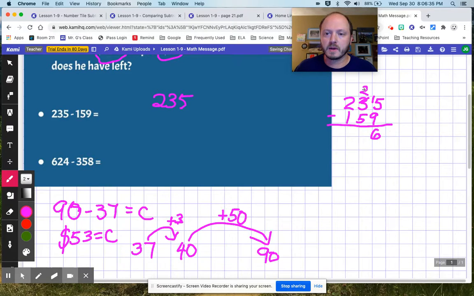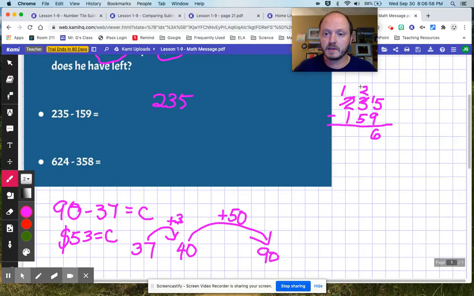Now, can I subtract 2 tens minus 5 tens? No. Again, we need to do more regrouping. So I'm going to go into the hundreds column, and I am going to regroup this 200 to 100 plus 10 tens, which is the same thing as 200.